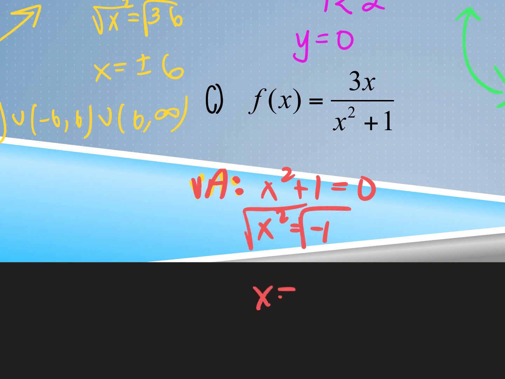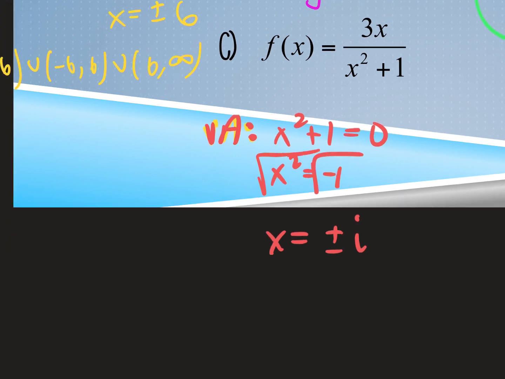So x equals plus or minus i. What does that mean? What do you think that means if you get an imaginary number for your asymptotes? There aren't any. Good. There is no real number.